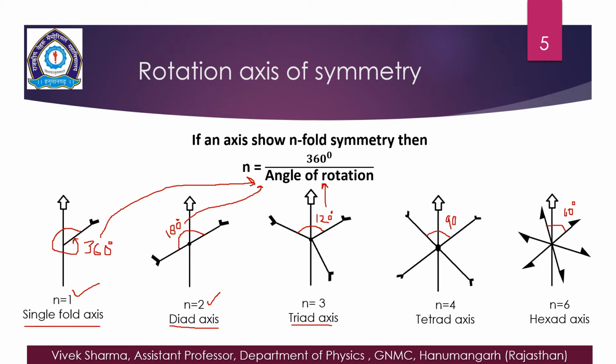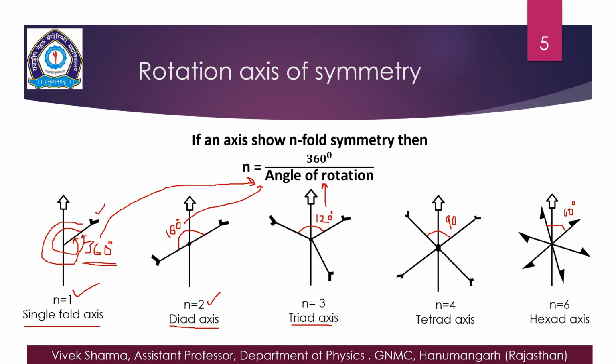But now I want to introduce a very important point, that for any angle of rotation, if the crystal regains its original configuration, then there exists some other lattice point at that angle of rotation also. I mean to say, after a 360-degree rotation, there is the same point again.